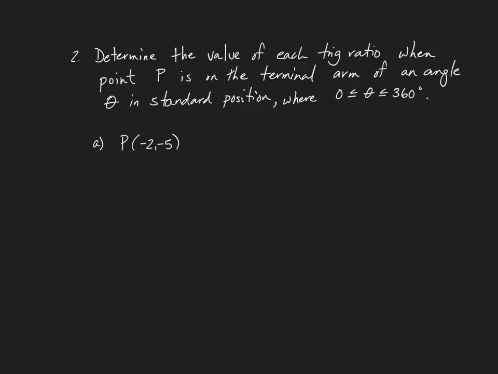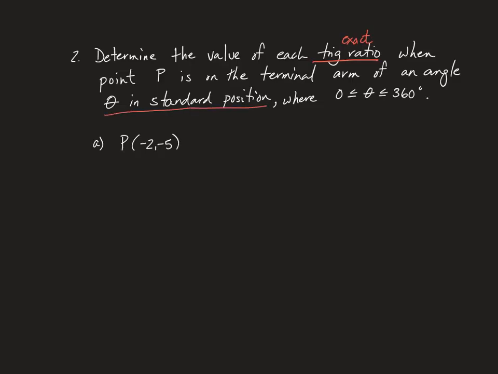And so if it doesn't state approximate, then we need to know that that means we need to come up with the exact value. So I need the exact value of a trig ratio. Secondly, we have point P on a terminal arm if theta is in standard position.